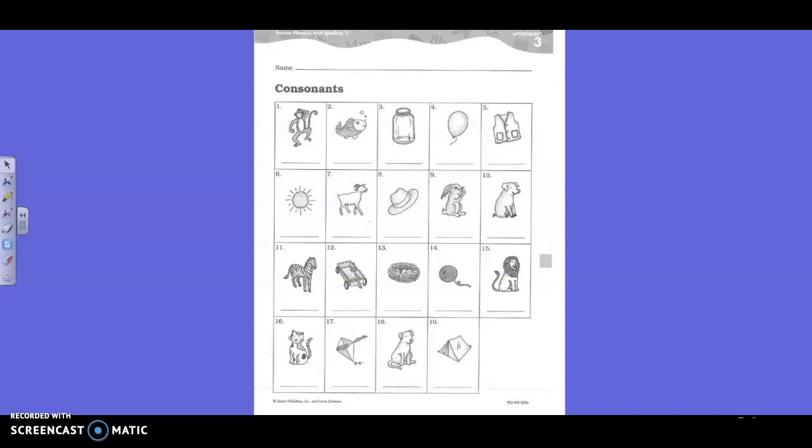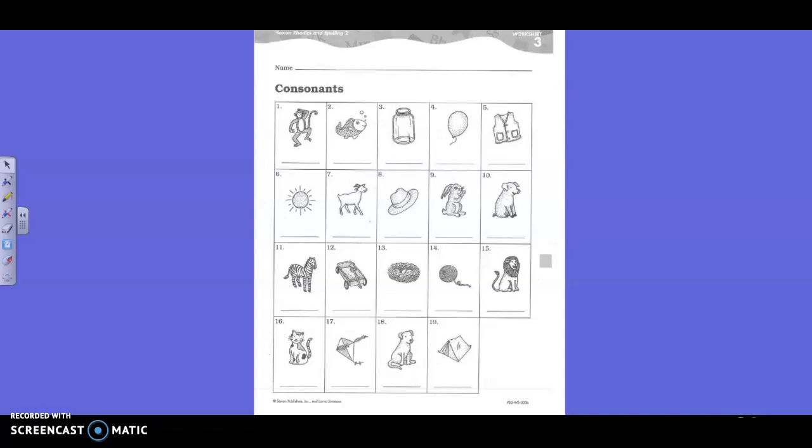No, the sound is not M, the letter is M, but what's the sound? What letter makes the sound? M. Write the lowercase letter M under the picture of the monkey.